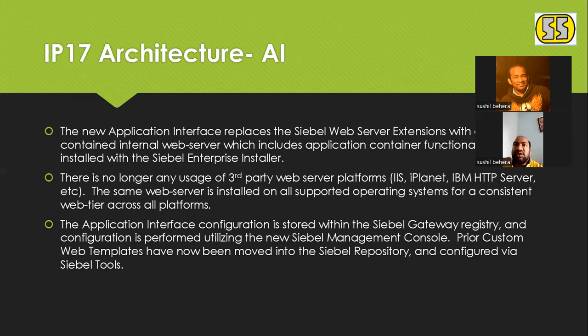So when we install our Siebel Enterprise, this web server also gets installed automatically. Earlier we had to install the web server separately, but now, because it comes combined, the web server gets installed as part of the AI installation.